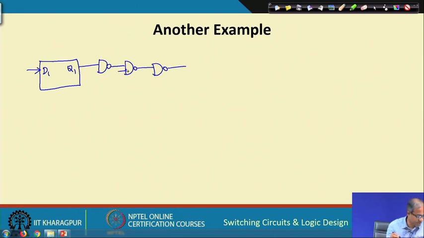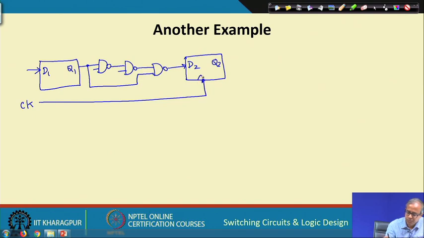Some external inputs are coming here, and Q 1 itself can come here again, and this is being fed to another D flip flop, let us call it D 2 and Q 2, and there is a clock signal which is being fed to both these flip flops.